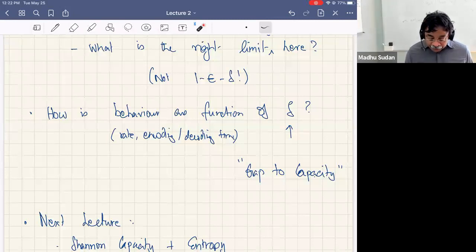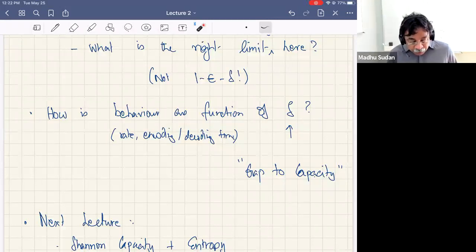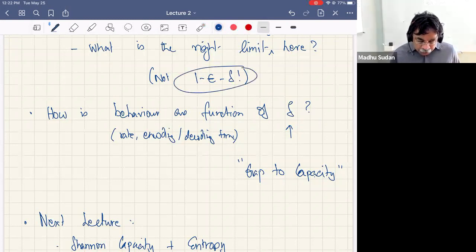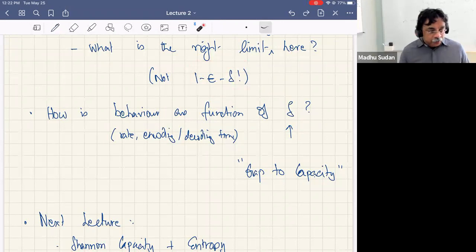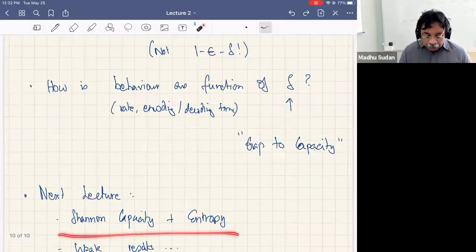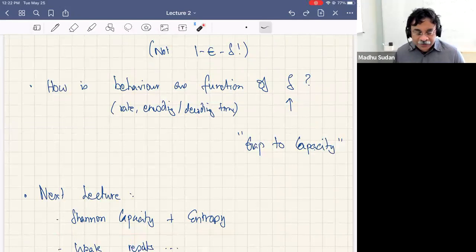So we will have to look at this. What should be our target? We'll have to look at it carefully, and this will lead us to the entropy function, which we haven't really explored so far. The next lecture will tell you all we want to know about entropy and Shannon capacity.